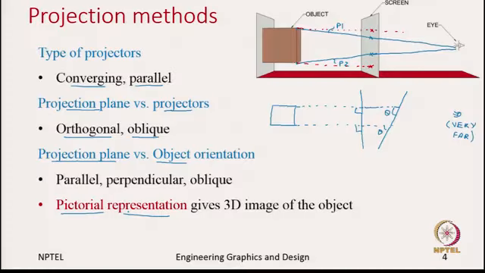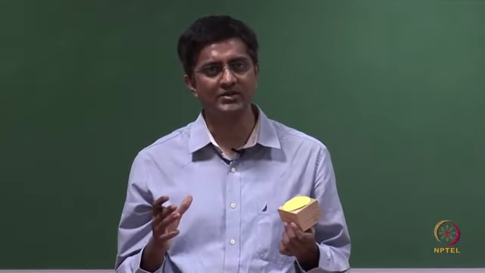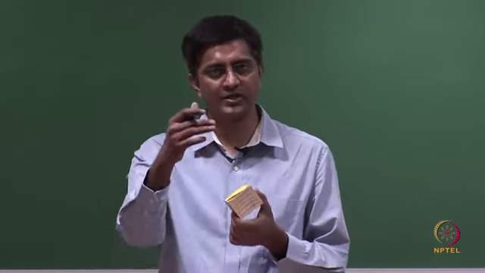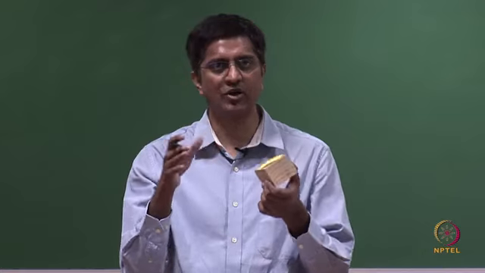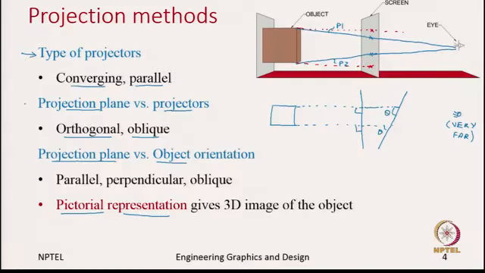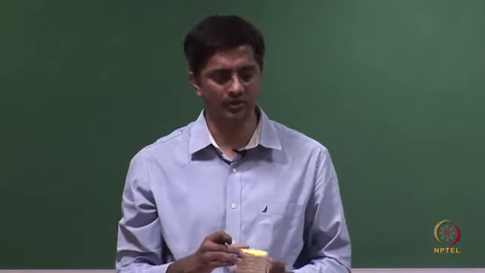So, what we have learnt in this slide is that there are several ways we can do these projections: depending on the type of projectors, whether they are converging or parallel; second, depending on whether the plane is orthogonal or oblique to the projector rays; and finally, the orientation of the object also defines what kind of projection we are doing.